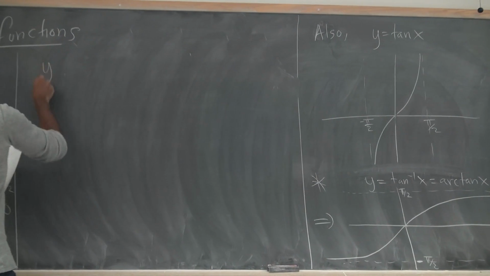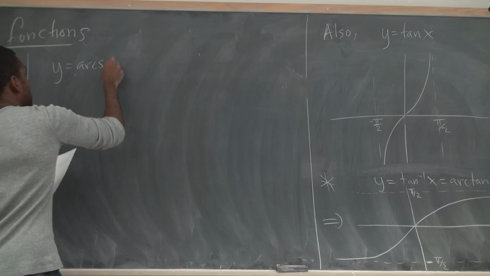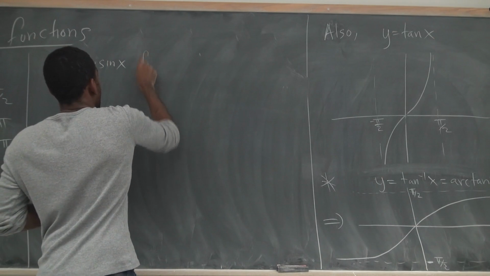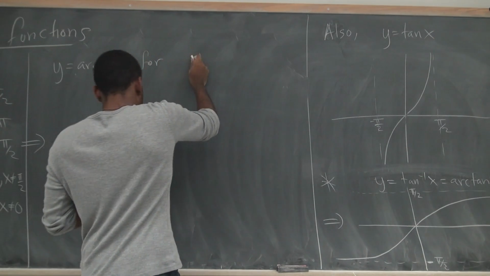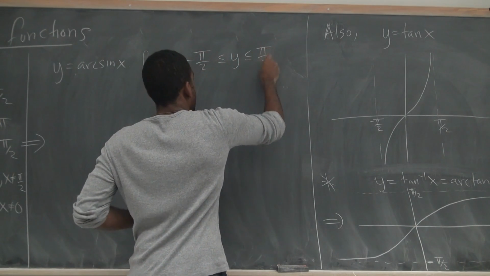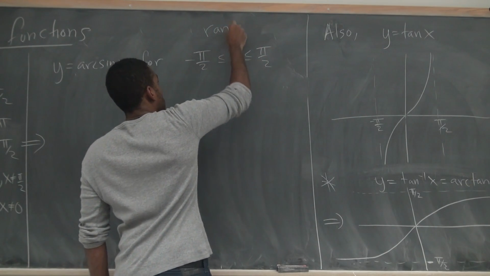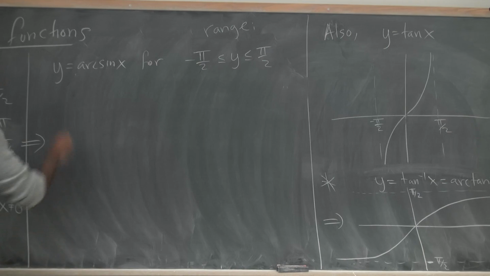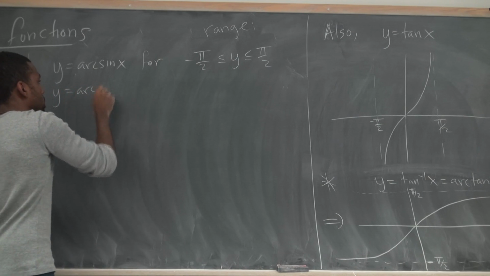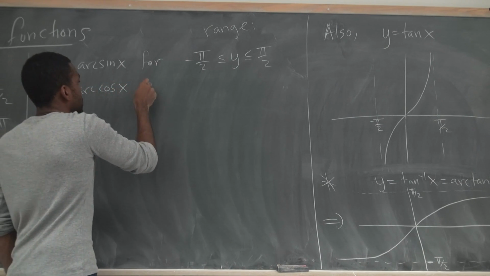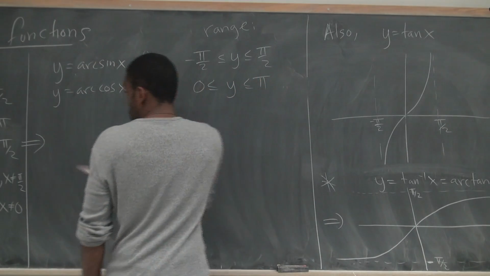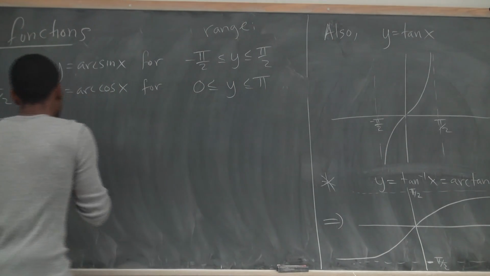So y equals arcsine for, so what I'm telling you here is the range, which is often the more important of the two things to learn or to know for the inverse trig functions. So arc cosine, this works when y is that. So pretty much all the domains over here are going to switch to the ranges over here.